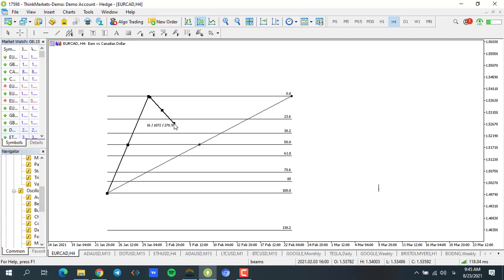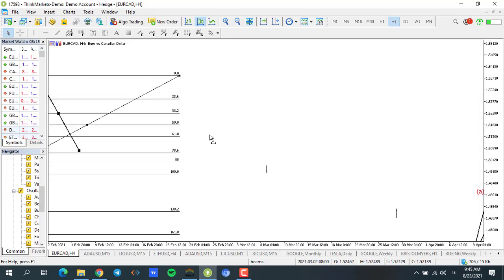If our second wave crosses 61% of our first wave, then it indicates that it may be a terminal pattern.